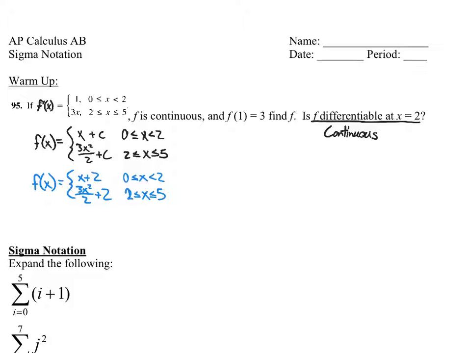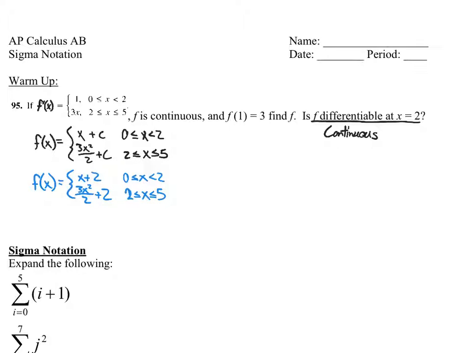So now let's ask the question, is it continuous at x equals 2? Both pieces would have to equal the same thing if x were to equal 2, right? Basically, we're taking the limit as x approaches 2 from the left of x plus 2, which is 4.